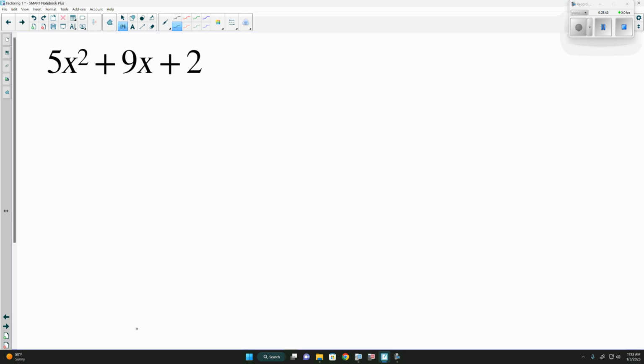Did we have a greatest common factor? No, so this here is not factorable. Or in some cases, it's fully simplified already. And there is one on the homework that works out to be this here.